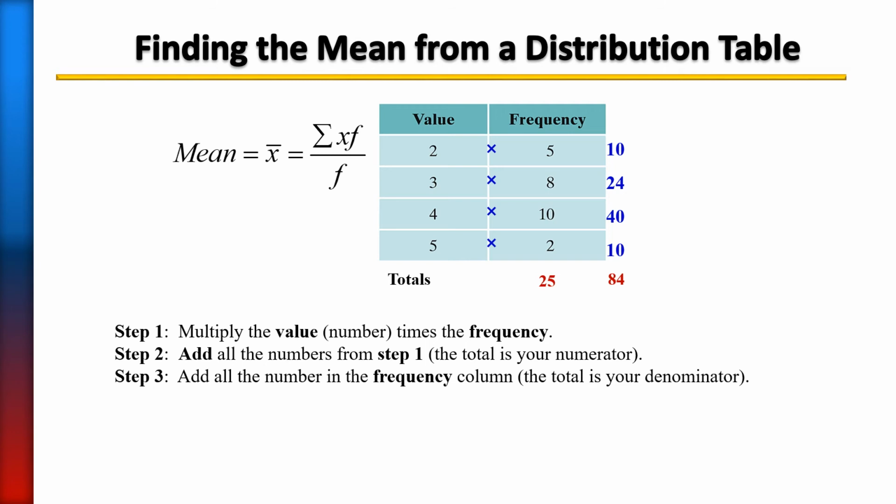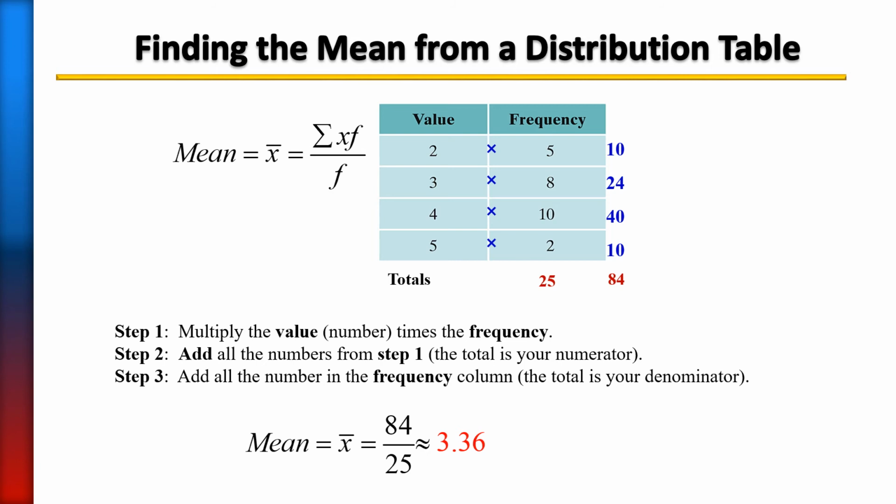Get your calculators out. 84 divided by 25. And what you should get is an approximate mean of 3.36.